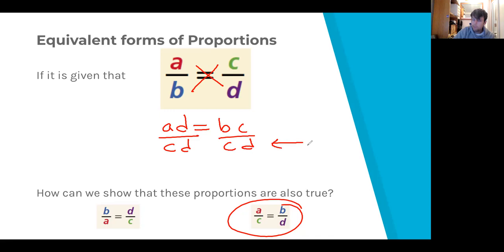Divide by the same thing on both sides. That's the division property of equality. Let's do a little canceling. Cancel out the D's, cancel out the C's. We end up with A over C equals B over D. Bam, that's exactly what we got there. So cross products, division property, simplify. Pretty basic to show that we can do that.